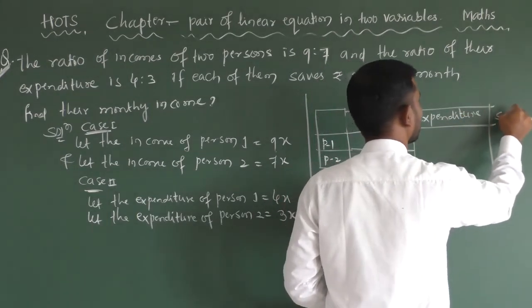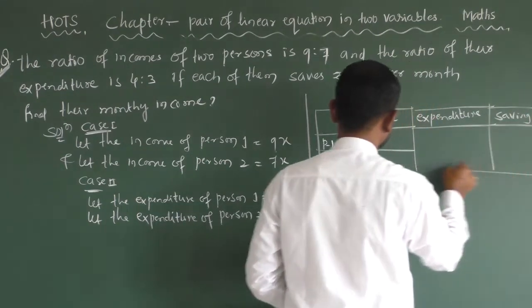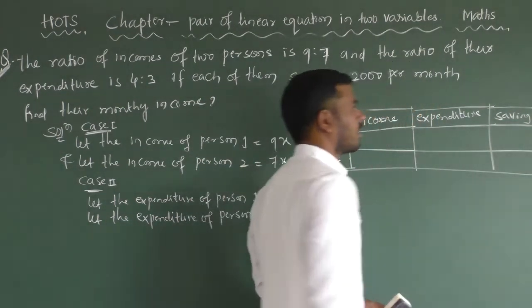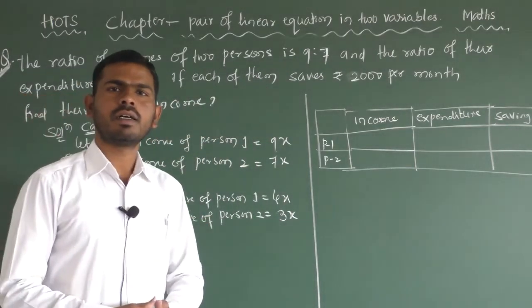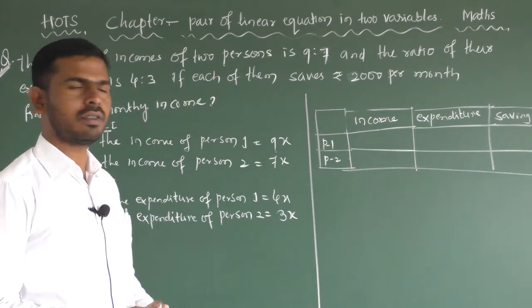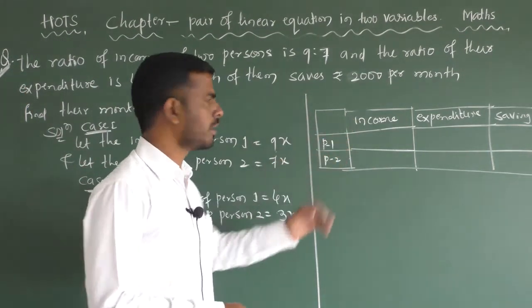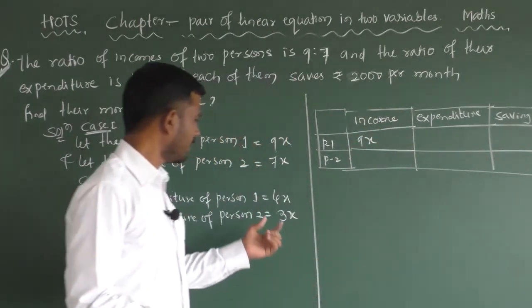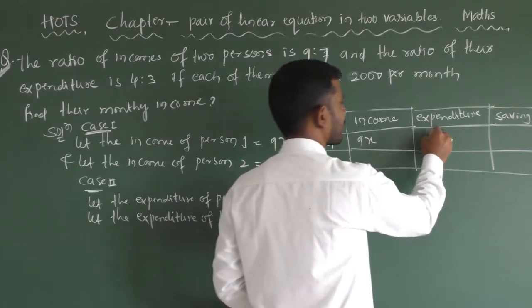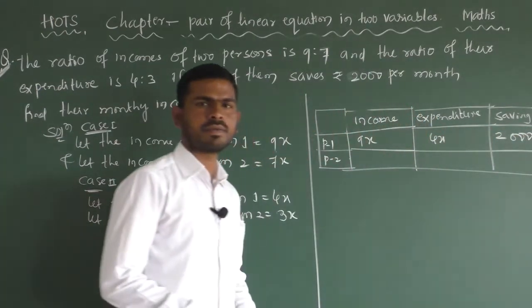Last, you have to write savings, how much they will save. You can find the answer by the column and row method, or by the usual method. So first is person 1: income is 9x, expenditure is 4x, saving is 2000.